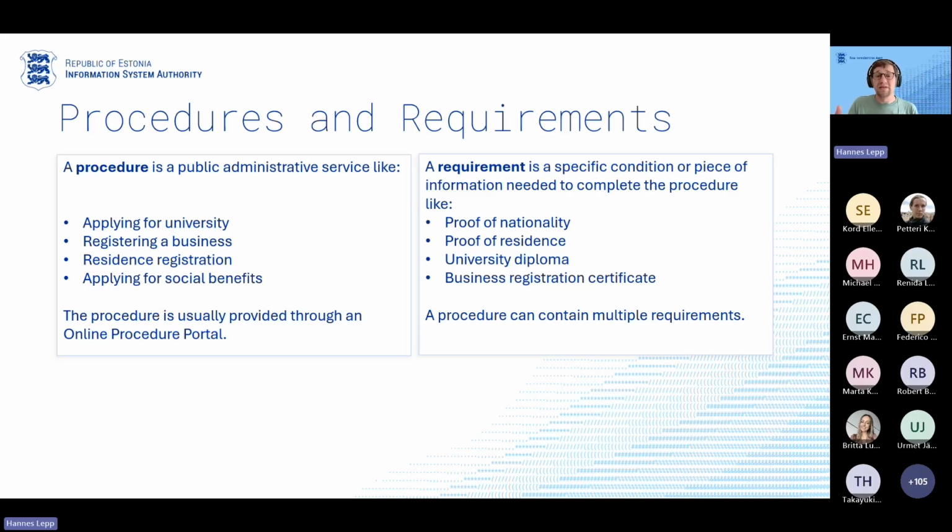And secondly, requirements are conditions or proofs that must be fulfilled in order to complete a procedure. One procedure may need multiple requirements to be fulfilled, so procedures and requirements are in a one-to-many relationship. For example, a procedure may require a diploma, a birth certificate, and a proof of professional qualification.